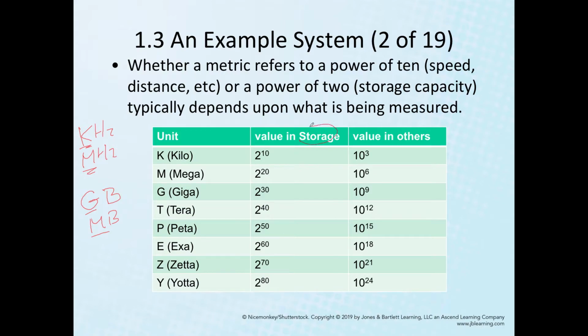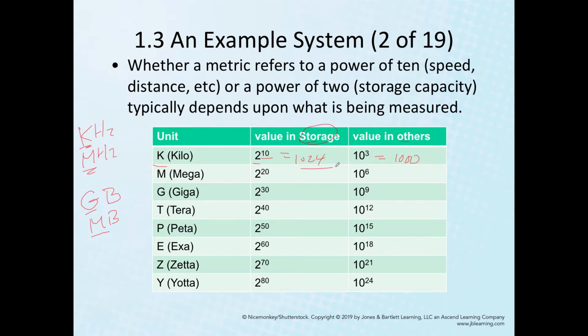For memories, like RAM or hard disk storage, kilo means 2 to the 10, which is 1024. But other than storage, like clock speed, or distance in daily life, kilo is 10 to the third power, which is 1000.